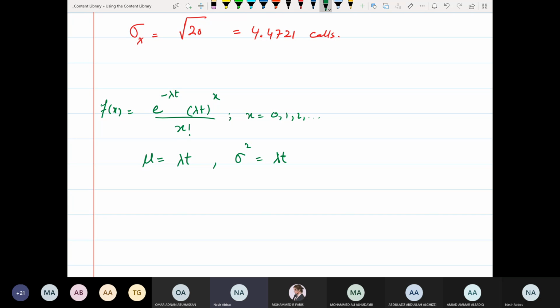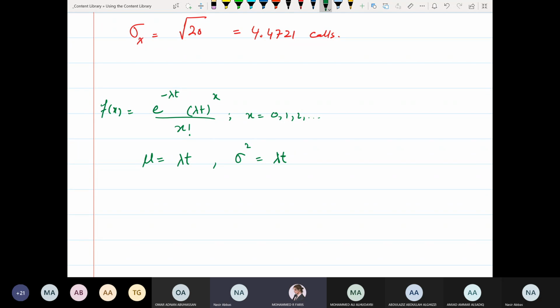When you convert it from per hour to per 30 minutes, t was 1/2. So it depends whether you're scaling up or scaling down. T represents the change in units. It represents the ratio of original lambda to the converted lambda.